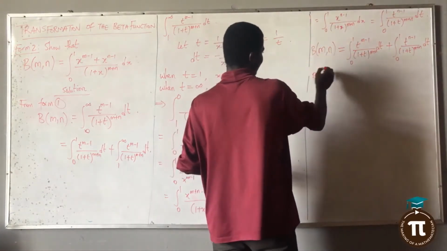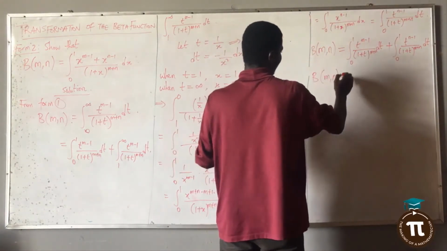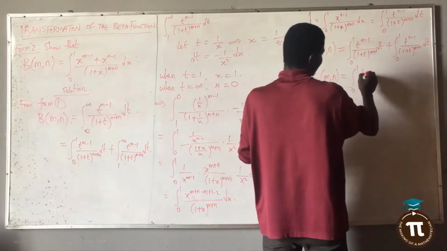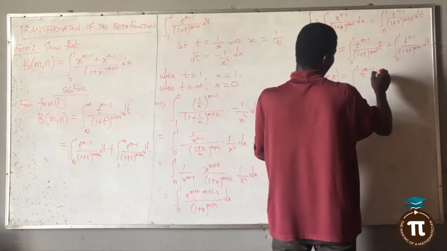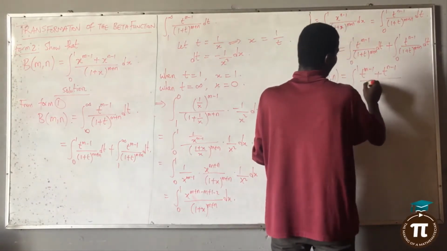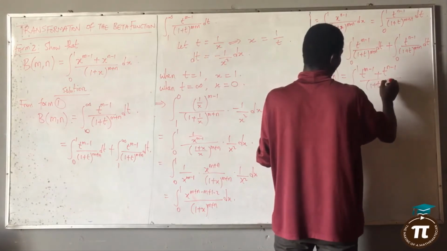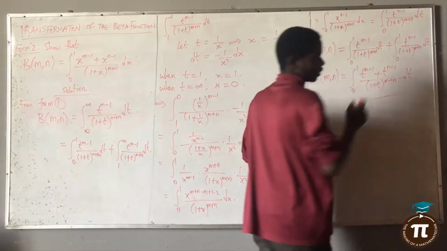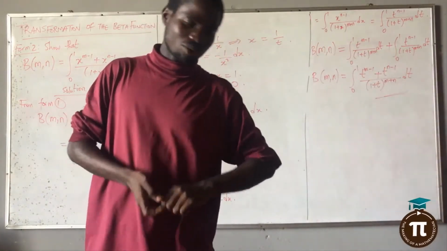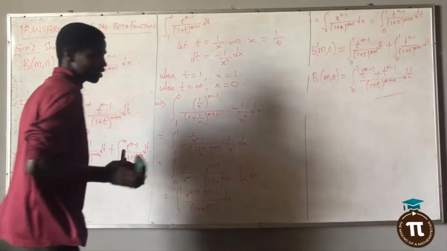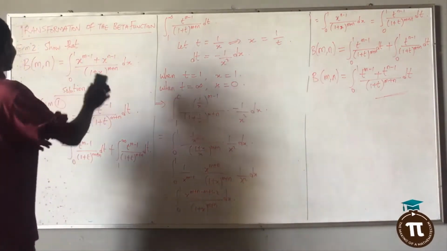So therefore the beta function of m comma n will be equal to the integral from 0 to 1 of t raised to the power of m minus 1 plus t raised to the power of n minus 1 over 1 plus t raised to the power of m plus n dt. That is how we got the second form, or form 2, of the beta function. Let's go to the next one without wasting time.